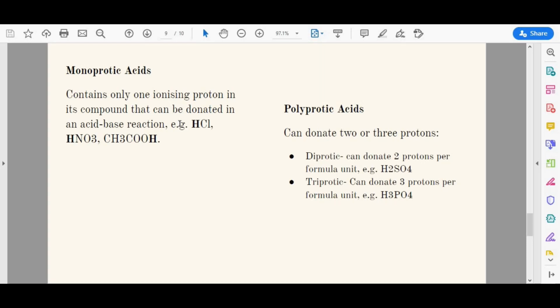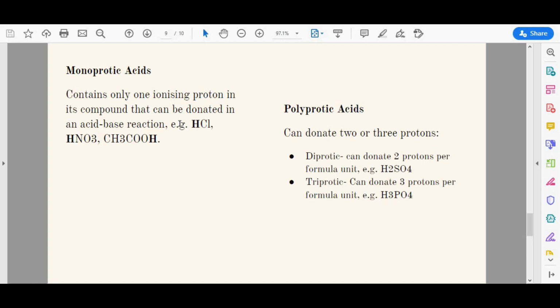The acids that can donate 2 protons are called diprotic, di meaning 2, and these can donate 2 protons per formula unit. So if we have a look at H2SO4, H2SO4 can donate both hydrogens. It doesn't always do that, that's not always the case, but it can.